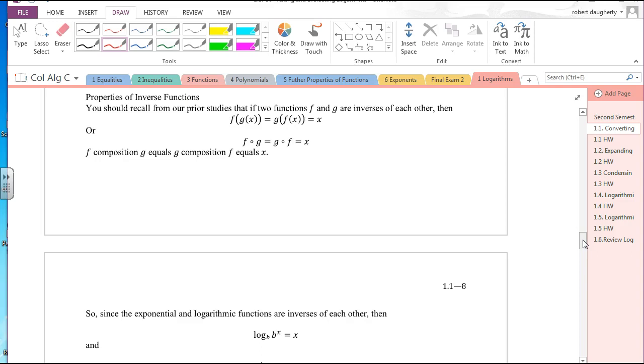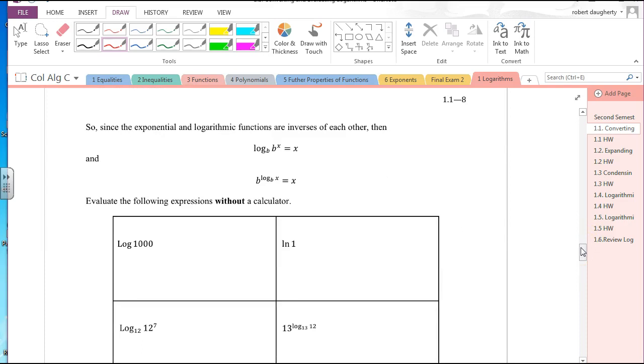So all this means is the log base b of b to the x is equal to, I mean, look at it. Log base b of b to the x. What is the relationship between the log and the exponent? They are inverse functions to each other.